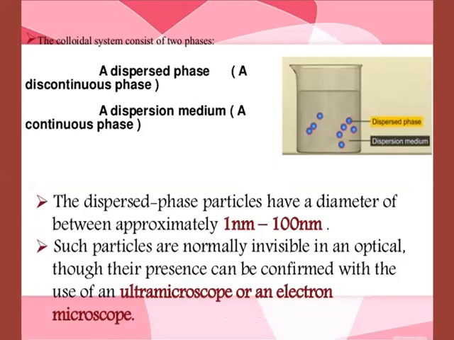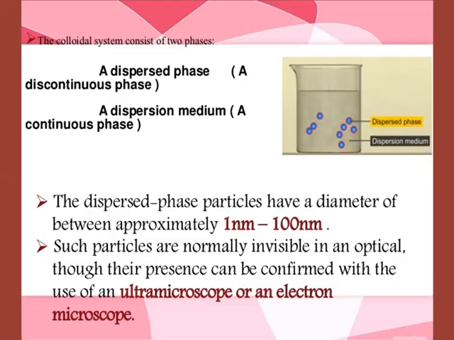The dispersed phase particles have a diameter of 1 nanometer to 100 nanometer, and the particles are normally invisible in an optical microscope, though their presence can be confirmed with the use of an ultramicroscope or electron microscope.